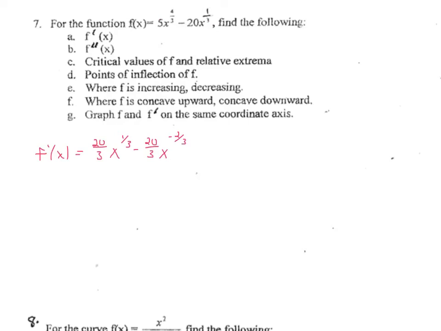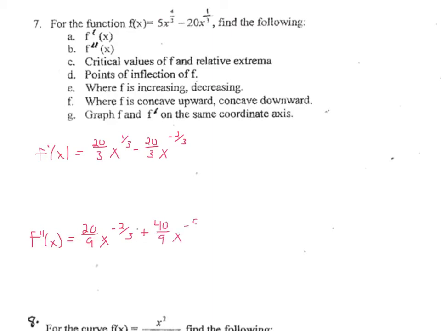And then I'm going to take the second derivative and get 20/9 x to the -2/3 plus 40/9 x to the -5/3.